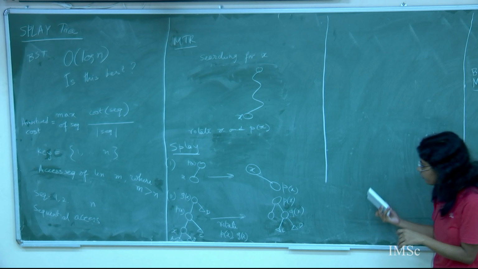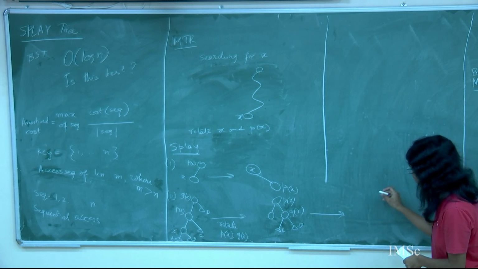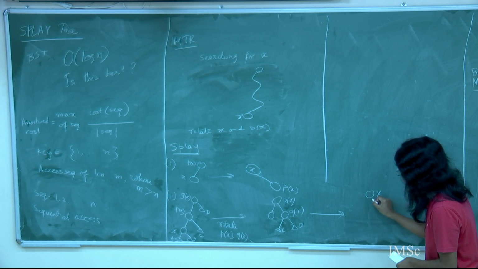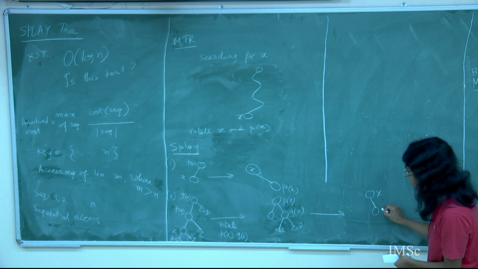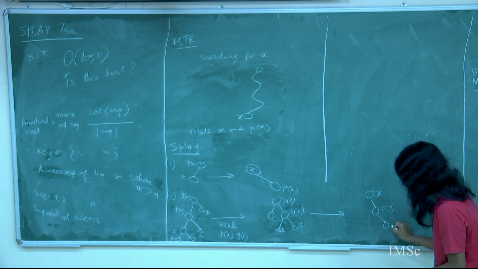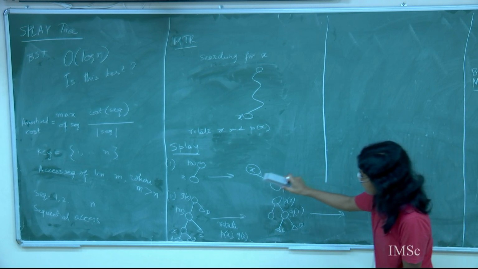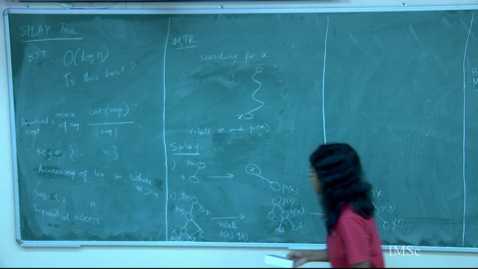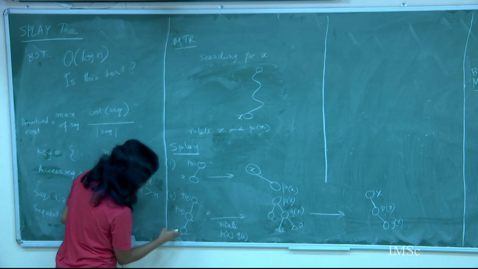Now if you rotate again, then x will go to root, then there will be p of x, and then there will be g of x. So at this path like this, if I remove these x's, you see that the path is like this.